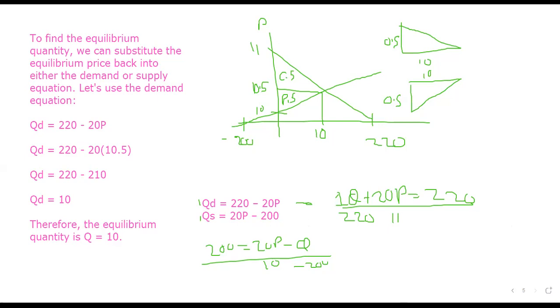Sorry, Mr. Collins. So suppose the supply graph was cutting price at negative 220.